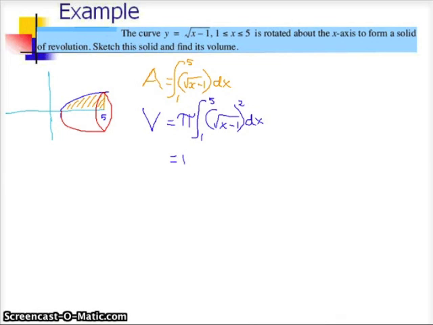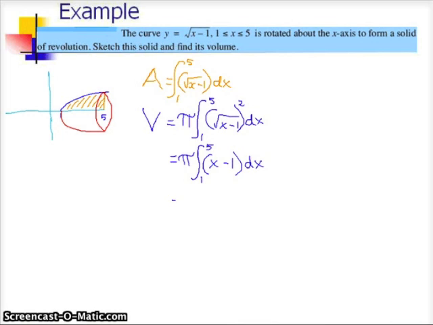So the pi is going to stay out the front until the end, and what we're going to do here is first of all square our function. So I'll just rewrite it this way. We've got the upper and lower boundaries here, and of course the square of a square root, they just cancel out, so our function is x minus 1 with respect to x.